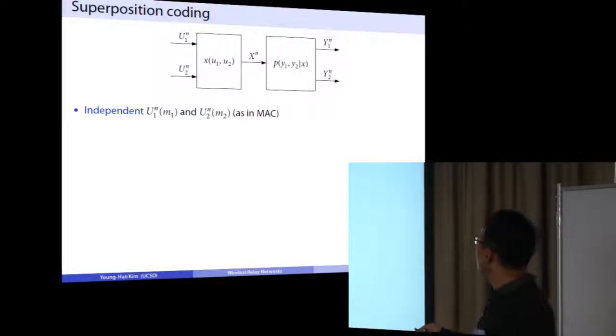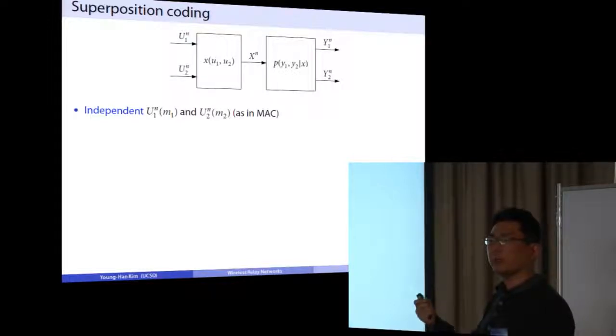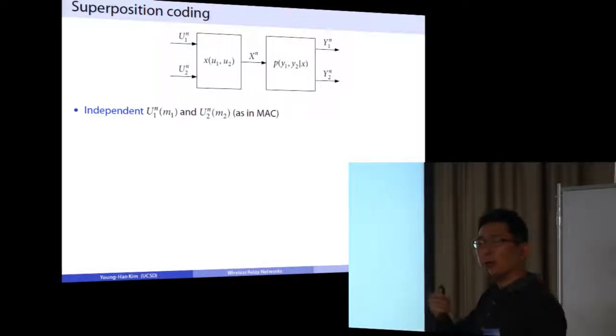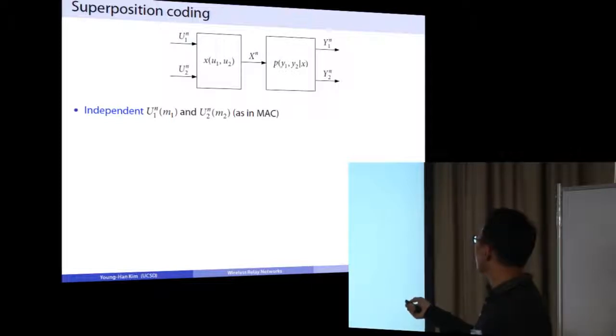U1 is carrying message M1, and U2 is carrying message M2. The way we generate these code words is exactly the same as in the multiple access channel. We simply fix the distribution for U1 and for U2 and do separate independent random coding, and then Y1 can recover U1 and Y2 can recover U2.